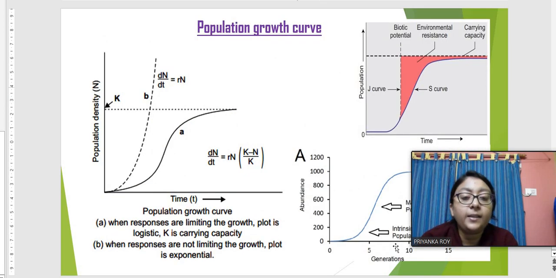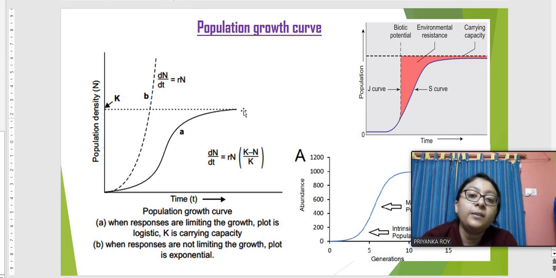And next is the population growth curve. Like I have already mentioned, without any environmental resistance there will be an exponential growth, and this growth rate can be determined by dN/dt = rN. N is the population size and r is the biotic potential.